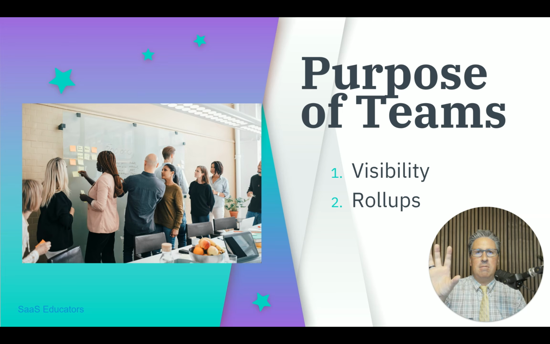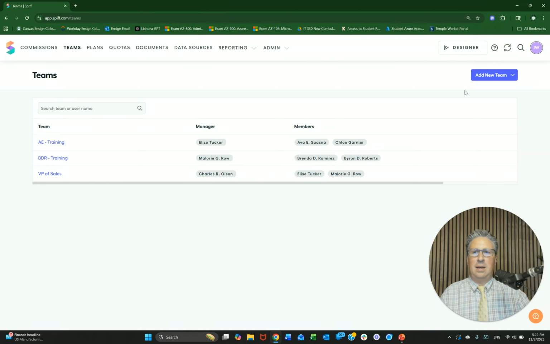If you're building things the way they're supposed to be built within Spiff, you really only need one team roll-up data filter, and it will work for all of your managers in the system. It'll just look at the team structure and say, oh, Elise has visibility over Ava and Chloe, we're going to count those in a roll-up, so Elise can get paid for what her team does on commissions.